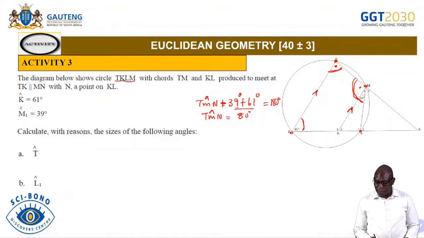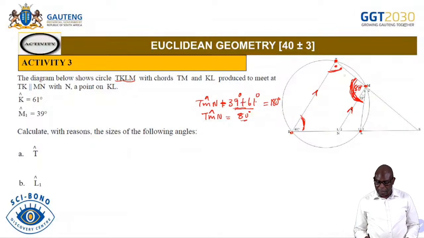So 39 plus that, because that angle here plus that angle there must give me 180 degrees. So I've got a 39, I've got a 61, so I'll have an 80. So that angle there will be 80. So 80 plus 39 plus 61, the whole angle here must give me 180 degrees. I hope you understand it.